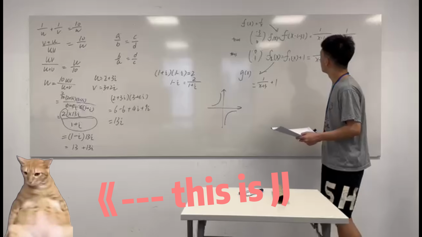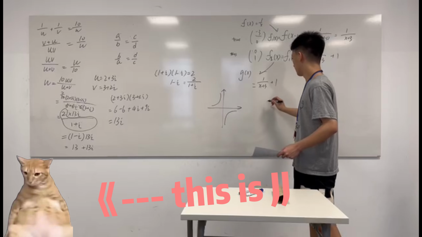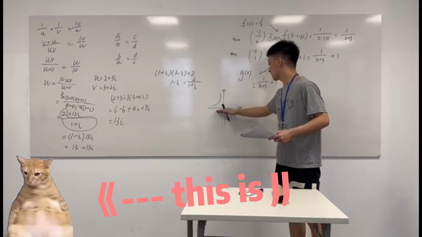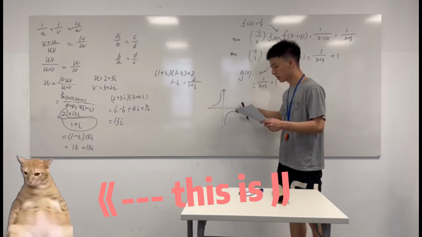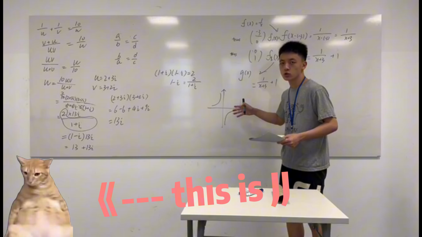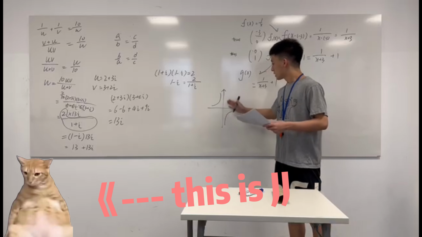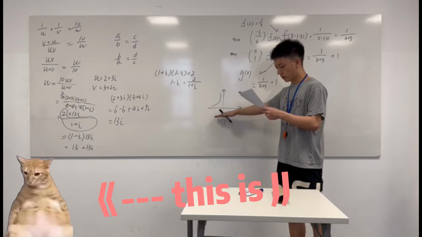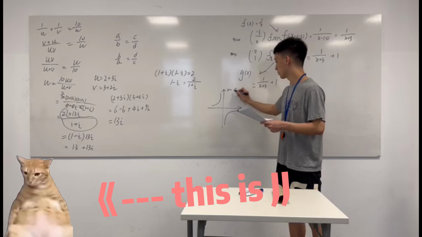And we move left 3. So we can just take care of the asymptote, because when we translate the graph, the asymptote will also translate its position. So the original vertical asymptote is x equal to 0.